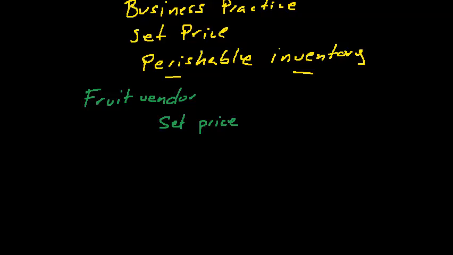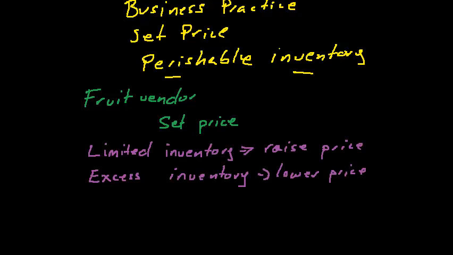So let me pause and write that down for you. If he's got limited inventory, he may want to increase the price of bananas from the day before, and if he's got a lot of excess inventory, he may want to lower the price. And he wants to set a price that maximizes the revenue he can get from all his bananas before they spoil, because they're perishable.